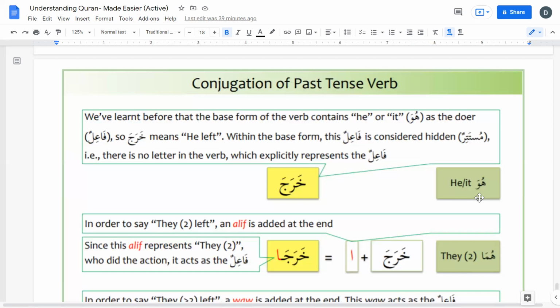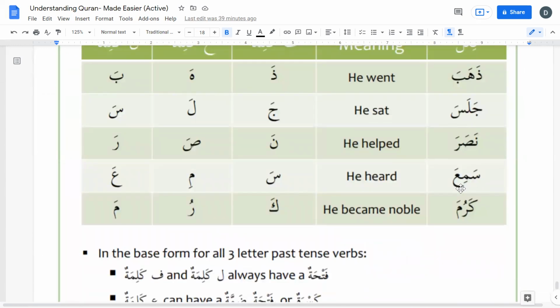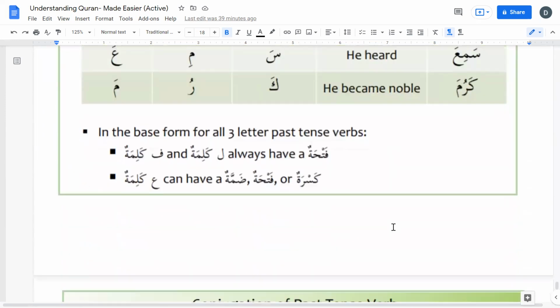So there are 14 independent pronouns that can come in as a doer within the fi'l madi. So far we know that this pattern fa'ala, kharaja, dhahaba, sami'a, karuma, nasara, these are past tense with hua built in.